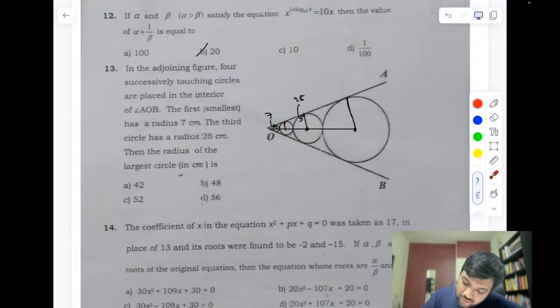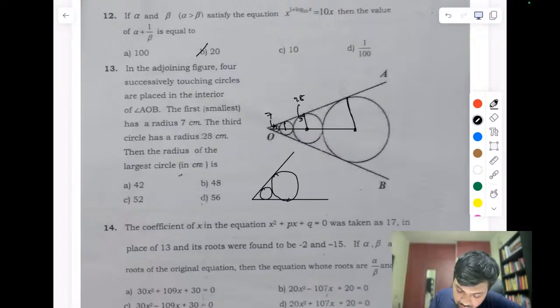I think we've done this kind of question before, no? You have something like this, and you have done something like this. What is the relation between the radii? Drop a perpendicular here, 90 degrees.